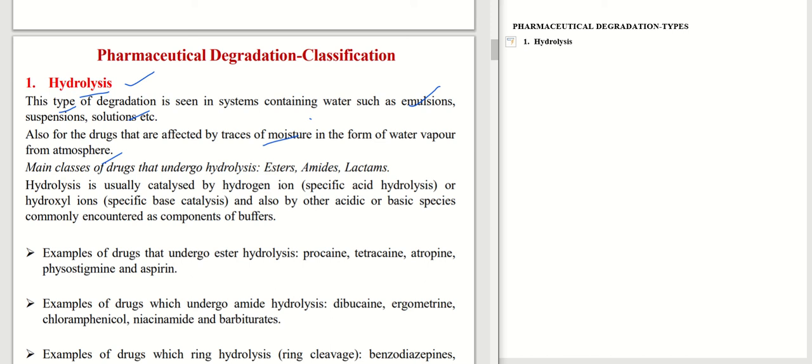How can we prevent our drug from undergoing hydrolytic degradation? It is by protecting our drug from moisture. So, hydrolysis takes place in the presence of water or moisture, even in small amounts.